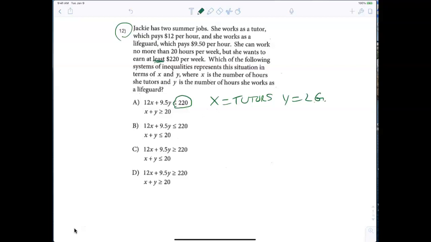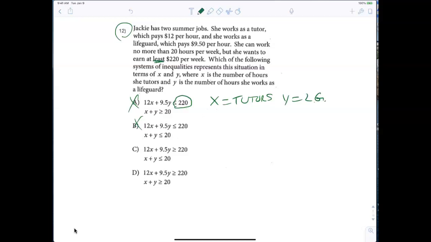The biggest mistake kids make is they see "least" and automatically assume it's less than, but she wants to make at least. So if I have at least $20 in my pocket, that means I have 20 or above. So is the answer A? No. Is the answer B then? No. So see, right off the bat, just because you know that one simple little thing, you already know it's not A or B.